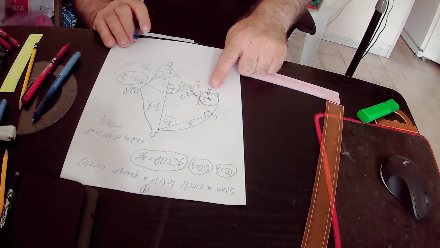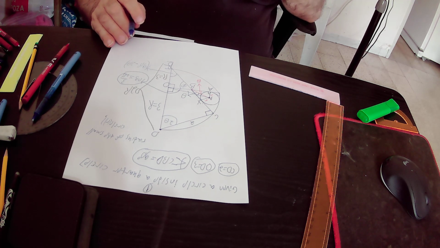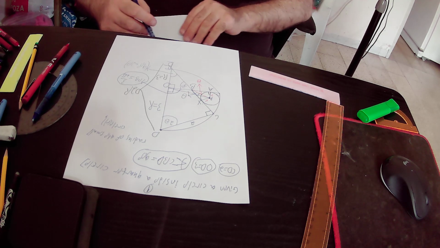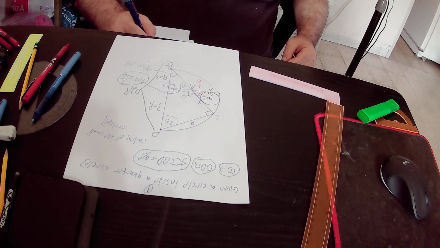We have already proved that angle OAP is a right angle, so triangle OAP is a right triangle. In the right triangle OAP, according to the Pythagoras theorem, the square of the hypotenuse equals the sum of the squares of the perpendiculars.